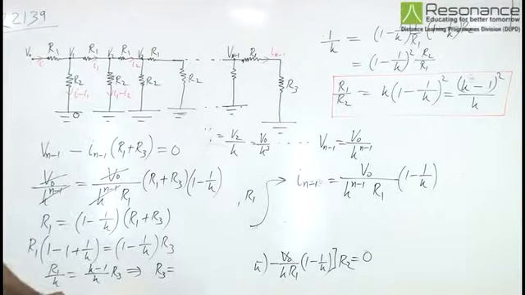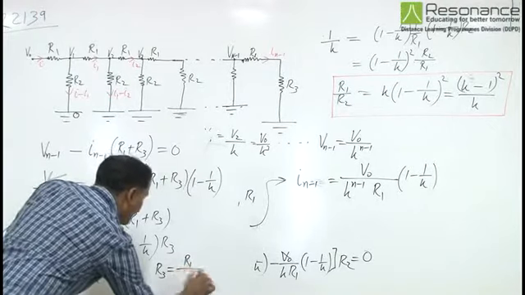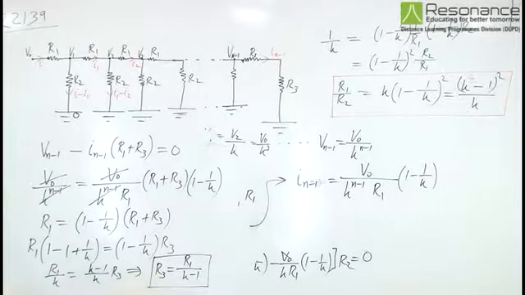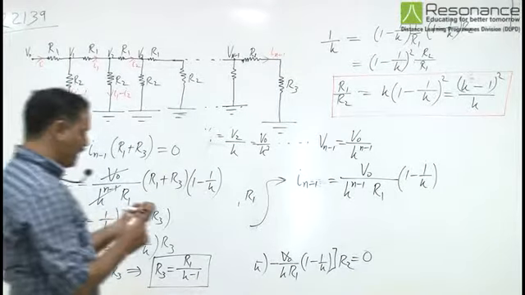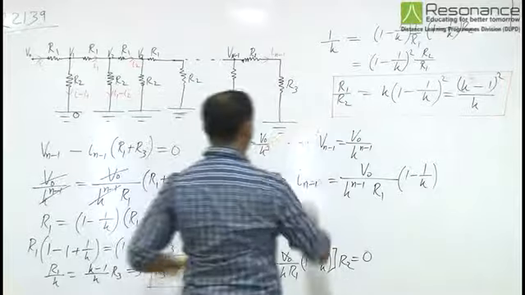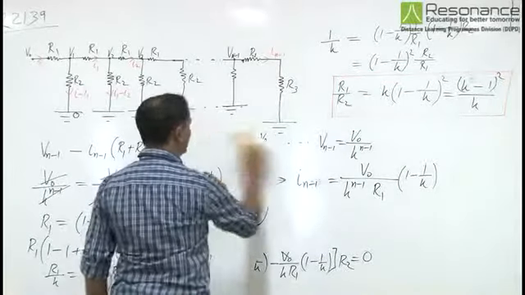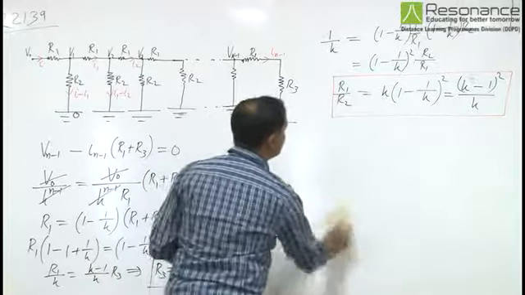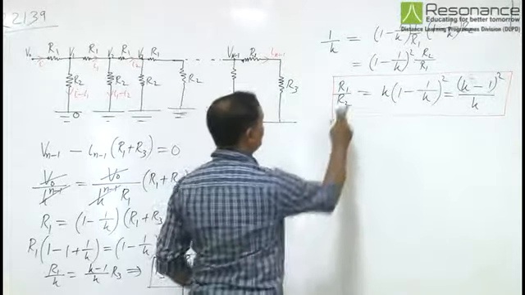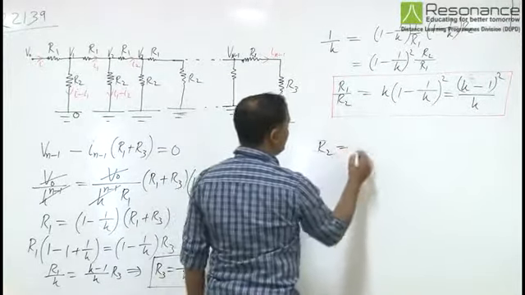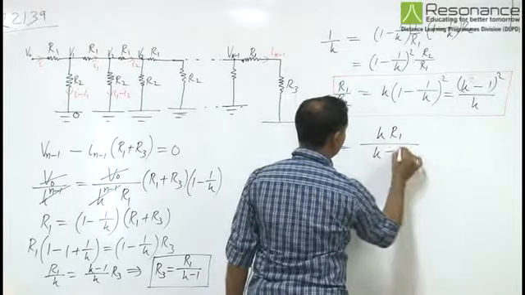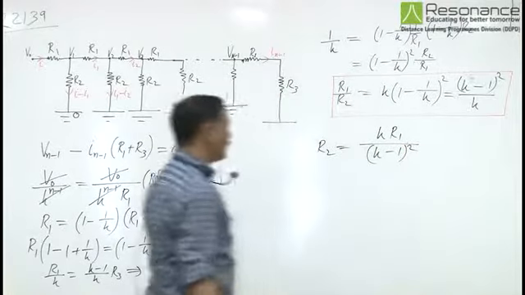So R3 is equal to R1 by K minus 1, and from the previous equation we obtain R2 to be equal to K R1 by K minus 1 whole square.